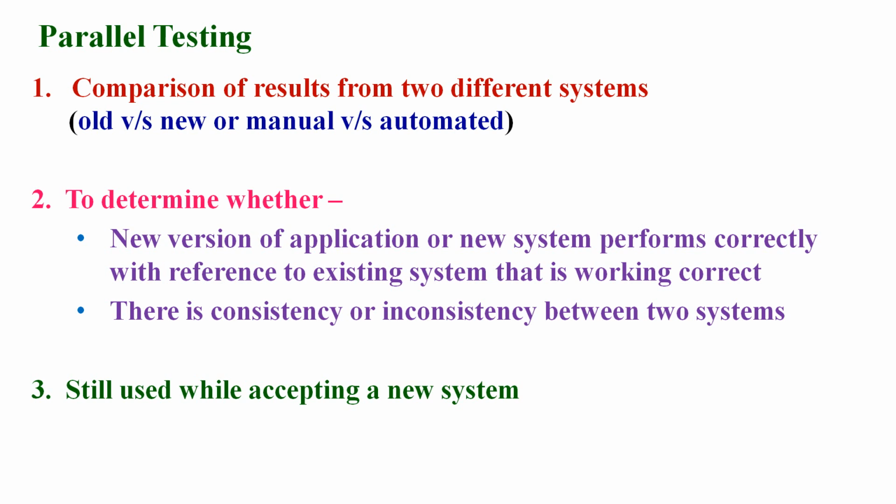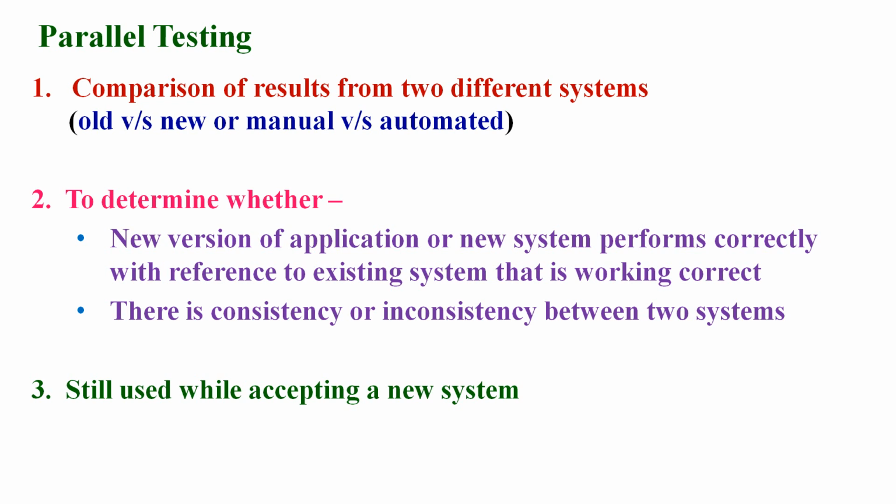That means the software testing team has to determine whether the new version of the application is working properly or not, working correctly or not, with reference to the old system, the existing system.